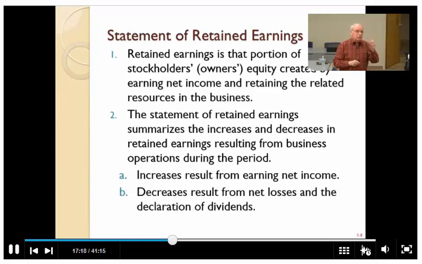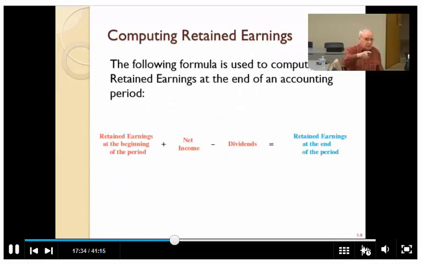That retained earnings balance is last year's ending balance. So what I have to do is update what retained earnings should be. And here's how we do it. It's last year's ending balance, which is this year's beginning balance, plus net income minus any dividends that have been paid.